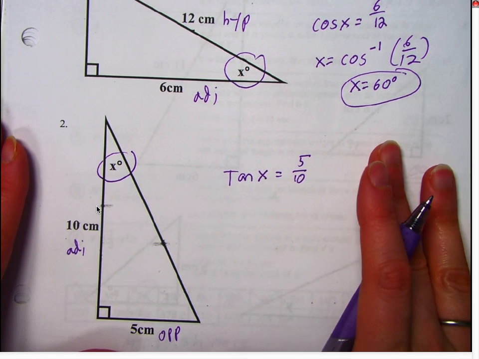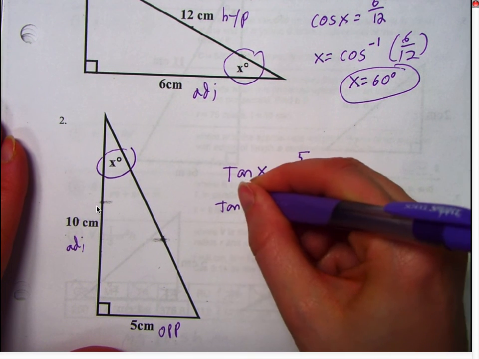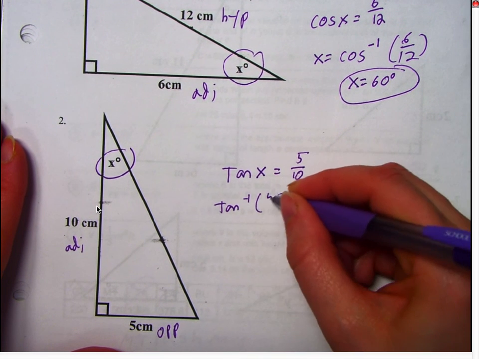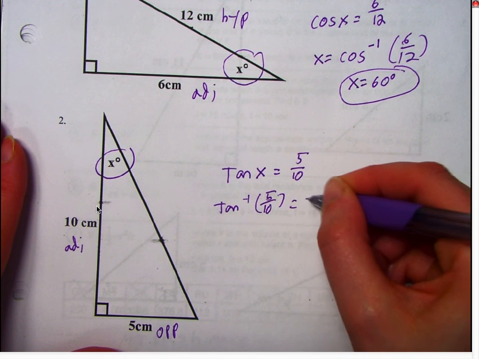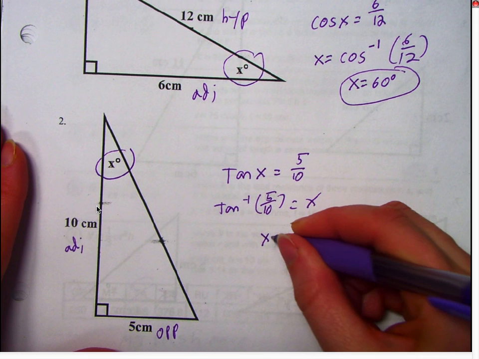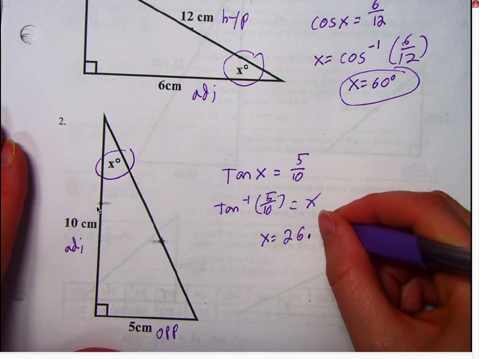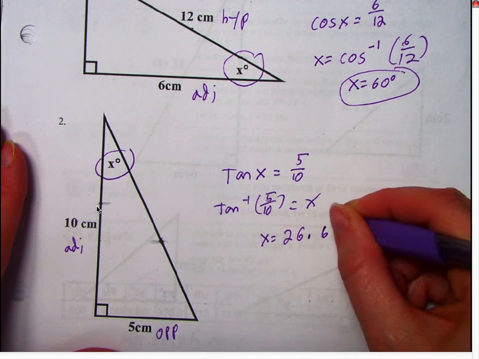So what am I going to put in my calculator? Tan of -1, 5 divided by 10 equals x. So in my calculator, trig button, tan -1, 5 divided by 10, which gives me x equals 26.6, we'll say. Or we can say 5.7 when we say 6 degrees.